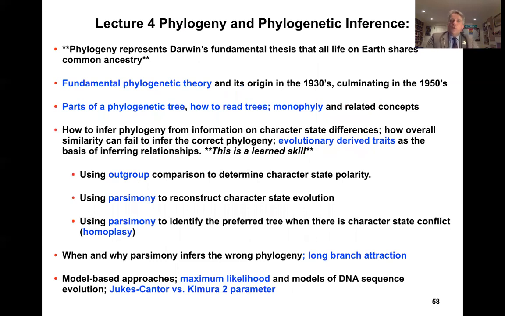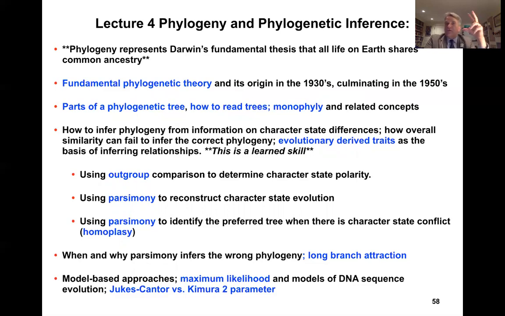Okay, so in this discussion of phylogeny and phylogenetic inference, we covered quite a bit of ground in a fairly short amount of time. So remember, phylogeny represents Darwin's fundamental idea, perhaps the most important idea in The Origin of Species, that all life on Earth shares common ancestry.